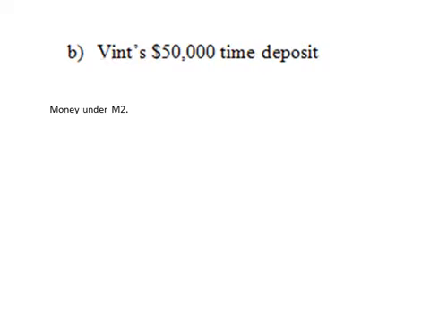It's counted as money, as one of the quasi money, under M2. So time deposit is a newer name for fixed deposit, whereby people keep money with the bank for a fixed period of time in return for higher interest. Okay, so that is a time deposit. It's money classified under M2.